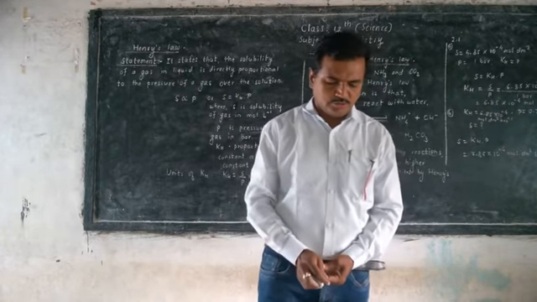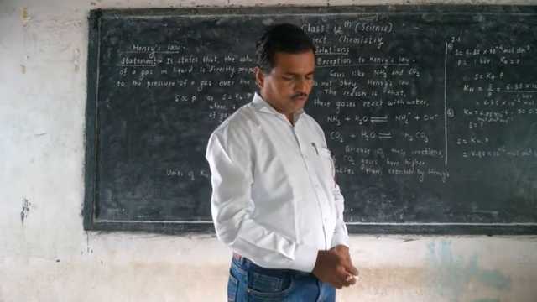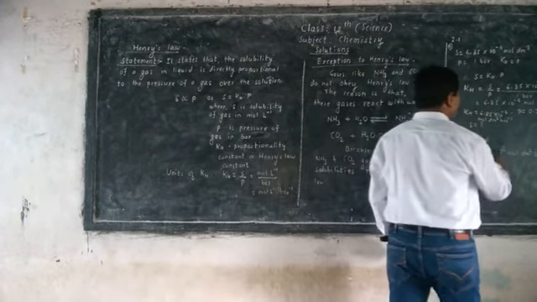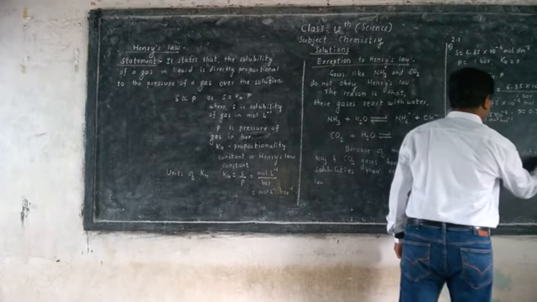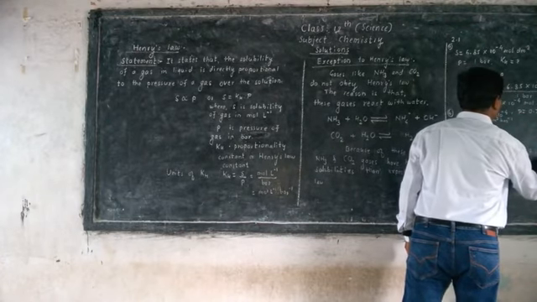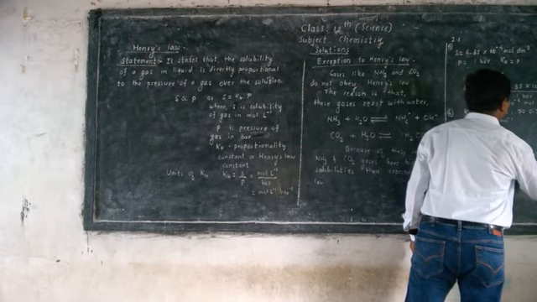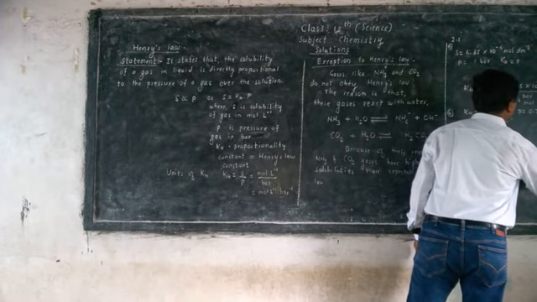Put here value of pressure into P. Value of P is 0.75 bar.